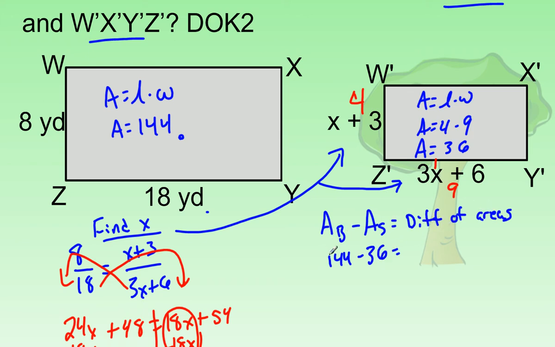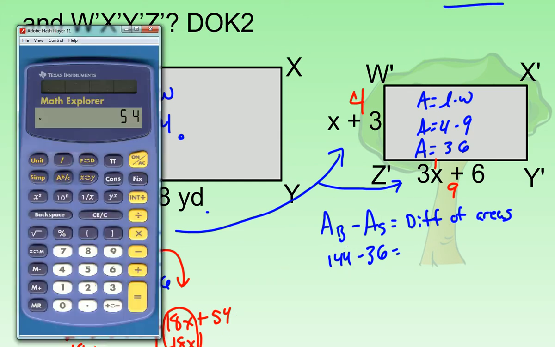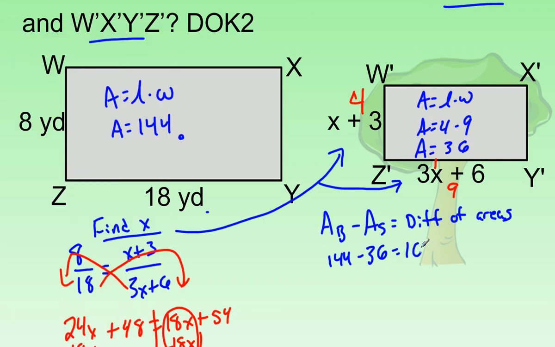The difference of the areas is the area of the big one minus the area of the small one. 144 minus 36 equals 108 inches squared.